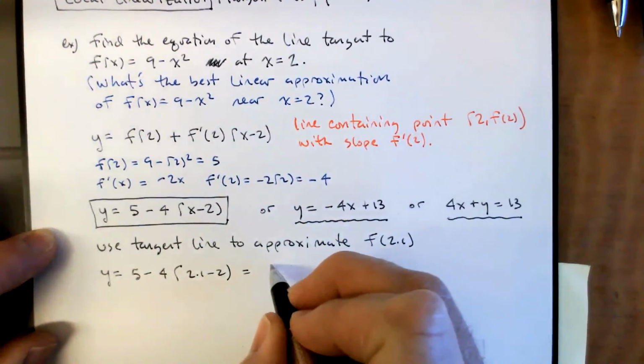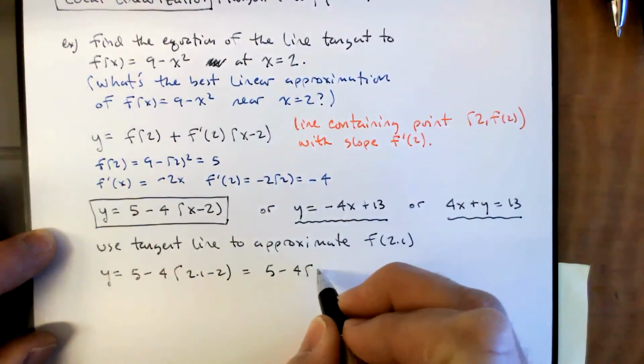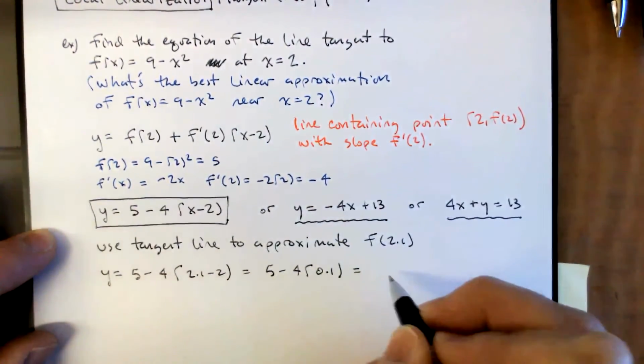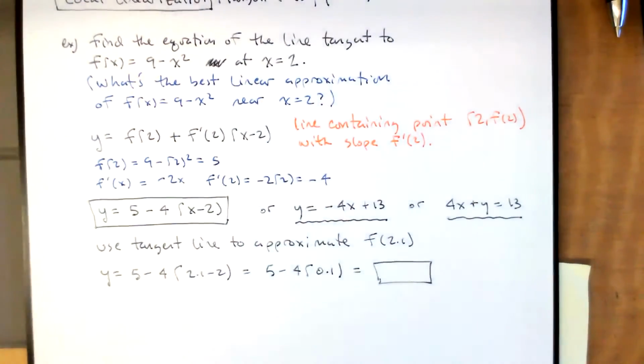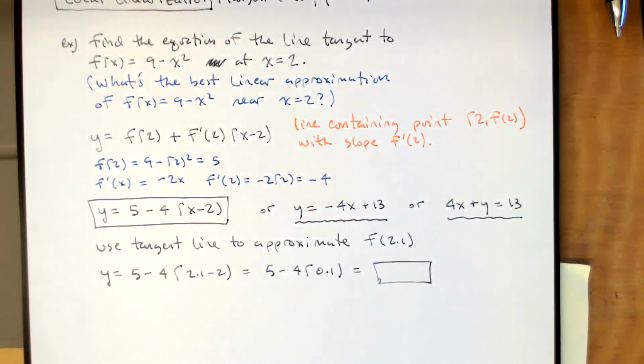And regardless of what this value is, we can see the structure of what's going on. The last time we checked in with the function, when x is equal to 2, the function gave us a value of 5. If we're going to do a linear approximation, we're just going to take the delta x 0.1, because the 2.1 is 0.1 off of where we calculated our tangent line, and we'll multiply that by 4.